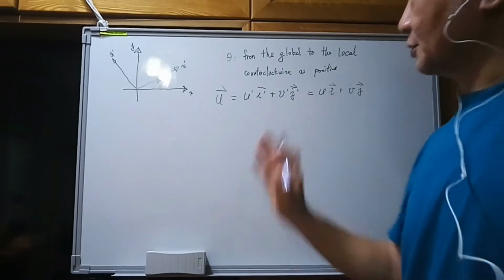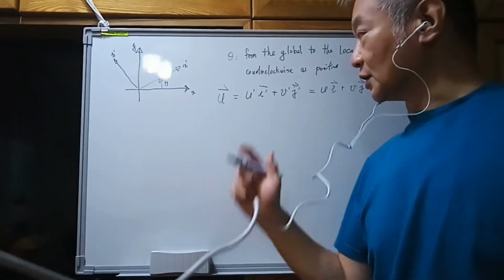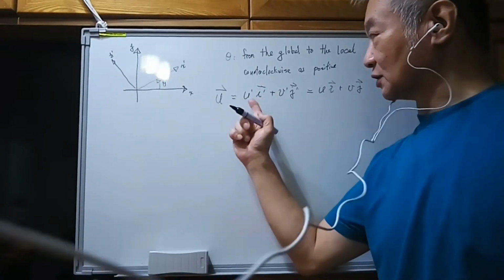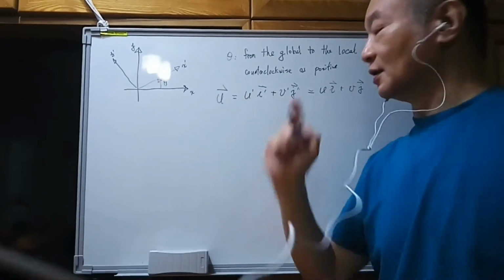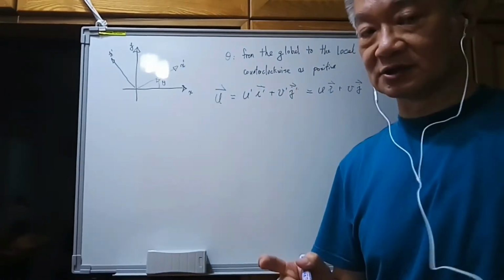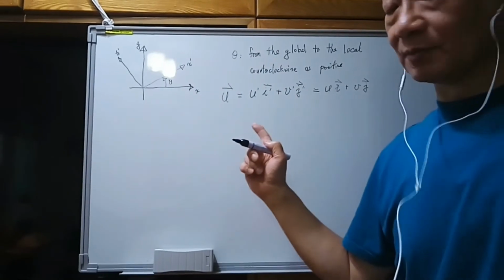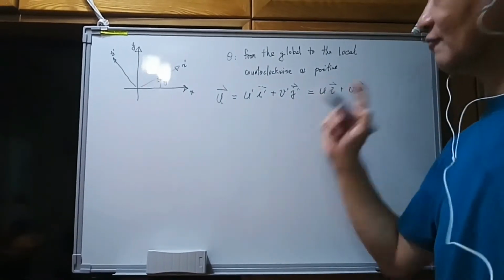So for the same vector u, we can use a set of vector components u prime and v prime to express the u vector. Also, we can use another set of vector components u and v.